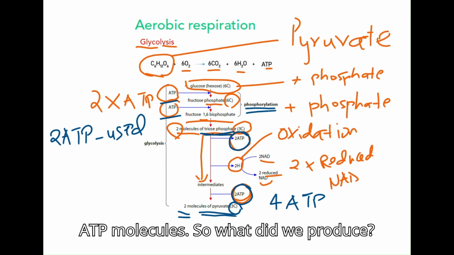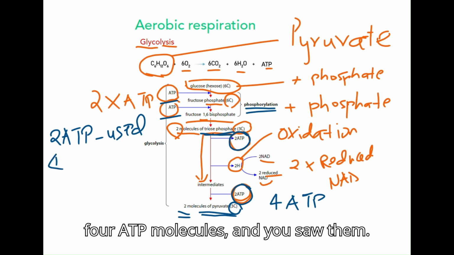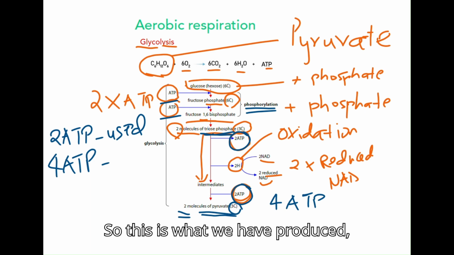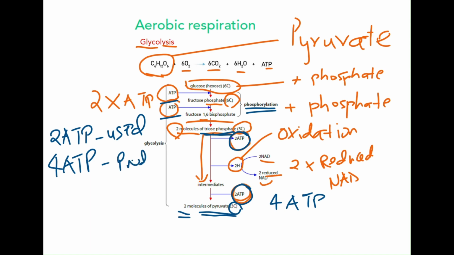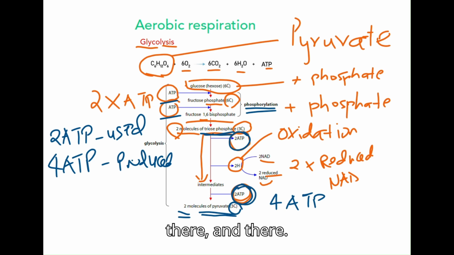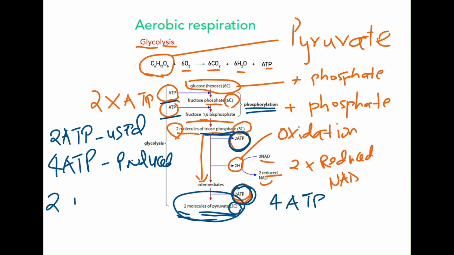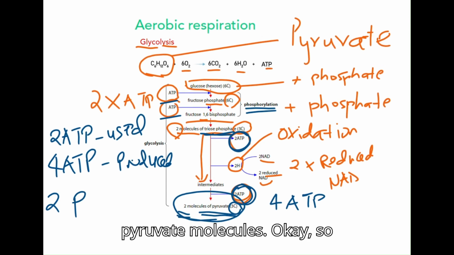So what did we produce? Eventually, we ended up producing four ATP molecules, and you saw them, in one of these steps here, there and there. And then eventually we have produced two pyruvate molecules.